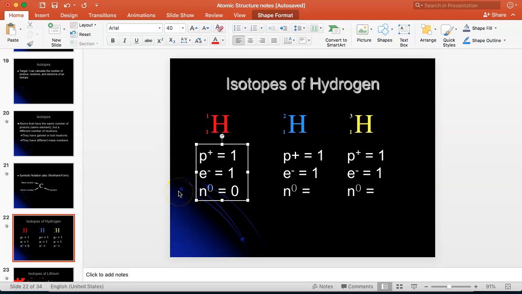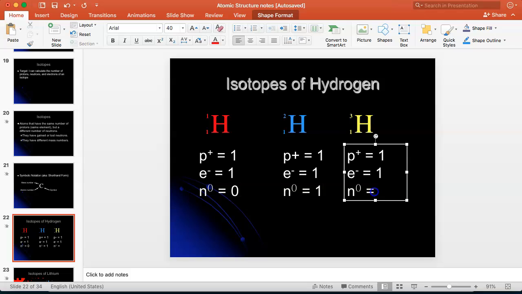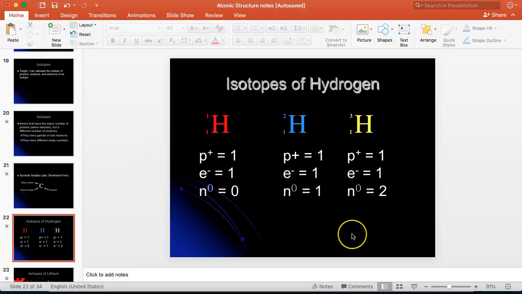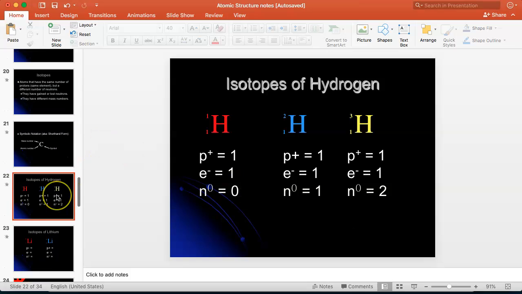How many neutrons would the next two versions have? 2 minus 1 is just 1, and 3 minus 1 is 2. There you go. And that's how we can find the number of neutrons, protons, and electrons of an isotope.